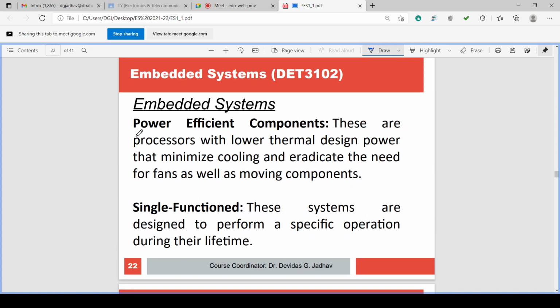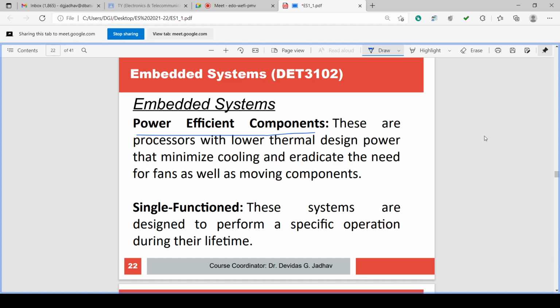Similarly, power efficient components are there. Whether the embedded systems are standalone, network or mobile, they run on a battery power supply. And if they consume a lot of power, we require large capacity batteries.